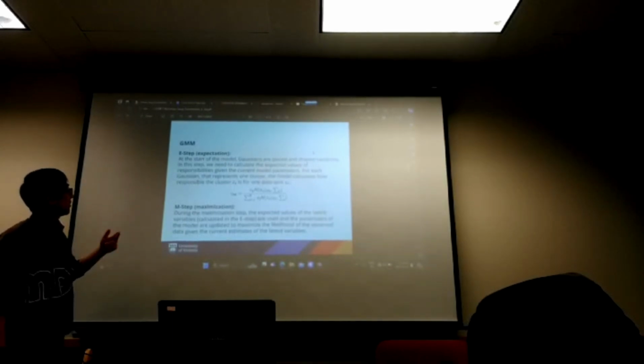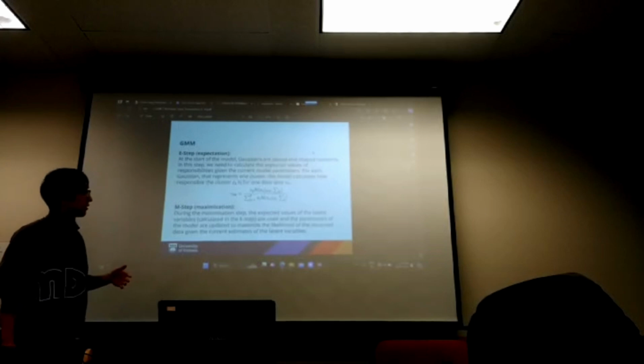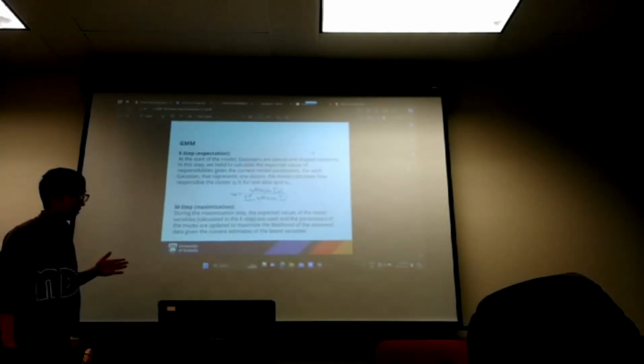In the E step, we will set the parameters of the Gaussian distributions randomly, just like k-means. In k-means, we set centroids randomly. In GMM, we set the parameters of the Gaussian distributions randomly.